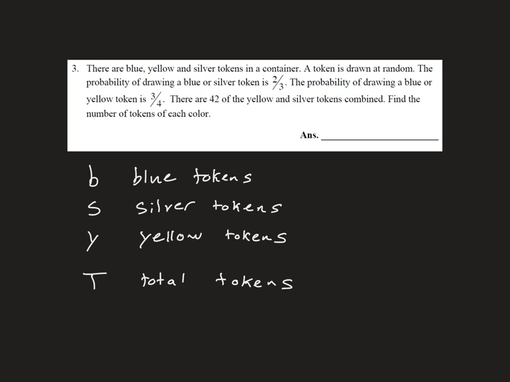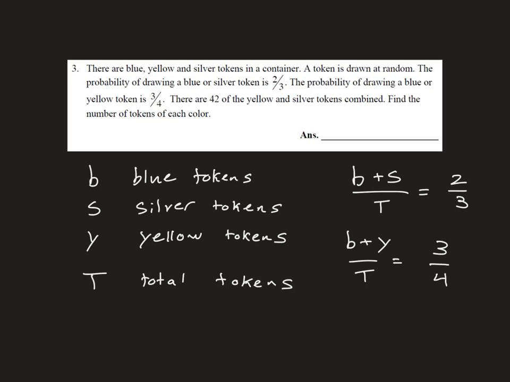So this problem tells us that (B plus S) over the total number of tokens is equal to 2/3, because that's how probability works. And (B plus Y) over T is 3/4.